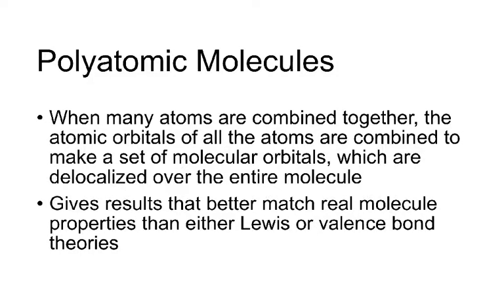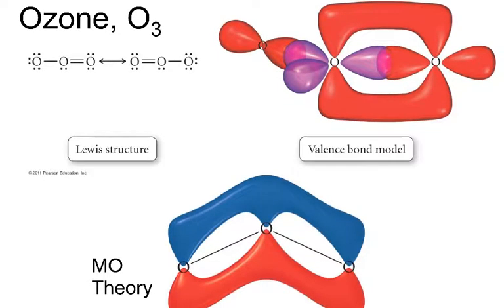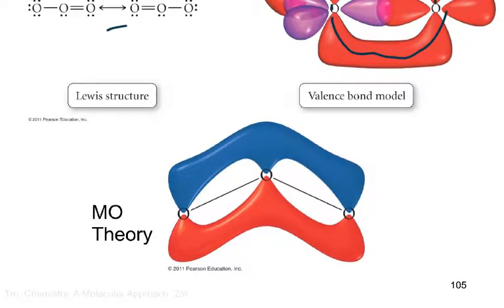But like I said, things get complex. Here's an example, ozone. In valence bond, you just have a pi bond between 2 of the oxygens, and you have this resonance structure here. In molecular orbital theory, if you look at the orbitals, they are delocalized over the whole molecule, which explains its properties better.